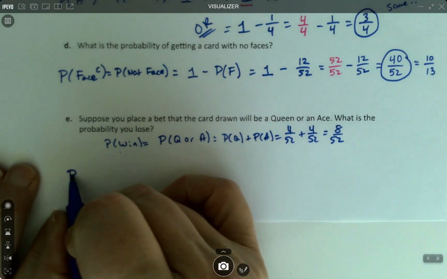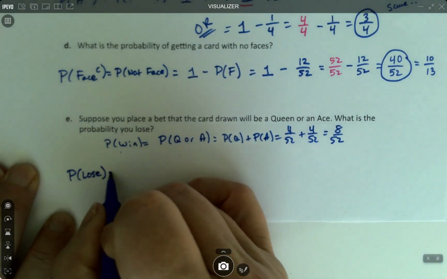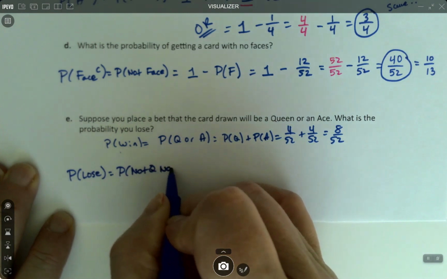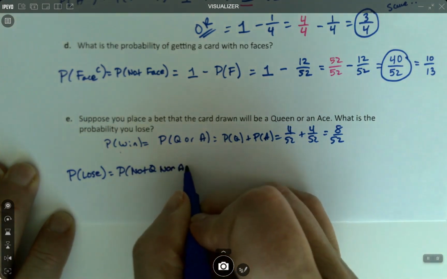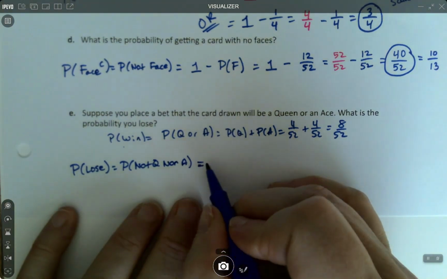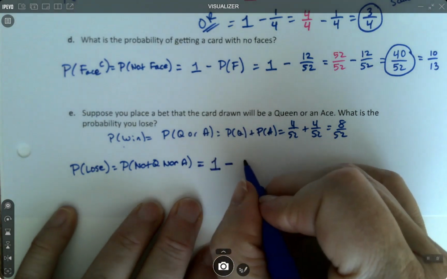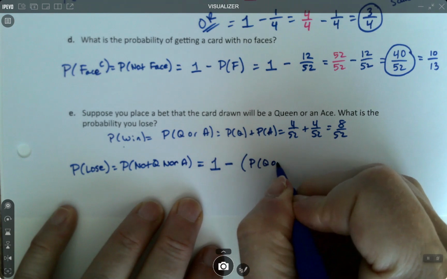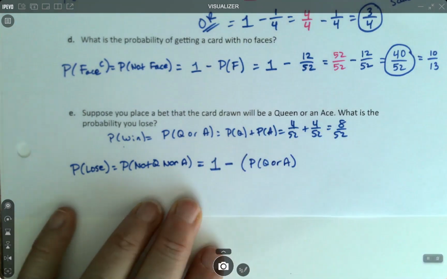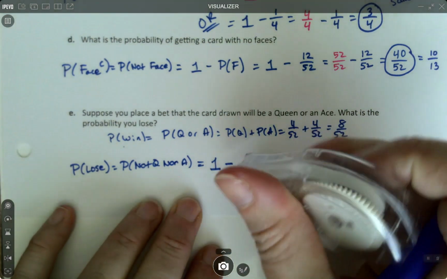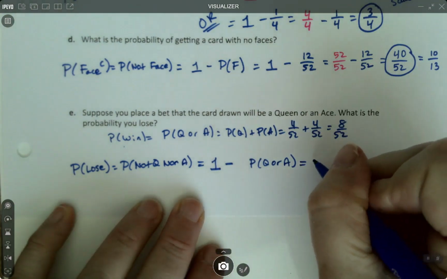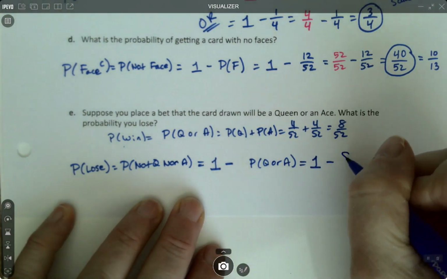So the probability that you lose is the probability that it's not a queen nor an ace. So that is 1 take away the probability of queen or ace. So that is 1 take away 8 out of 52.